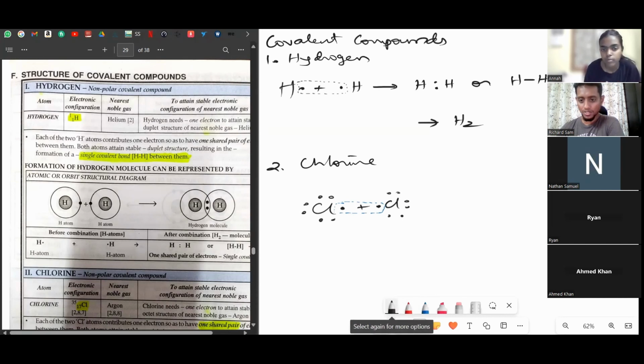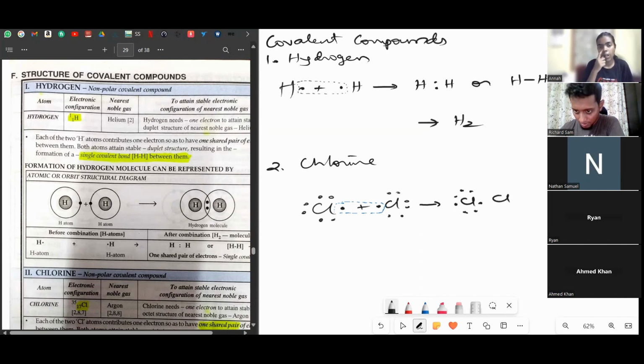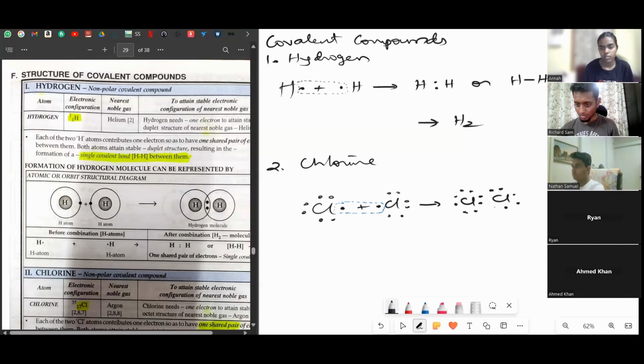Okay, so when it shares, what happens? How do you draw it now? So you'll draw 1, 2, watch carefully, 3, 4, 5, 6, 7. These are its own, plus the other chlorine's 1 electron will be here. So these are the 2 electrons which took part in the sharing. One from the left side chlorine, one from the right side chlorine. And then you draw all the other remaining 6 more. You see?